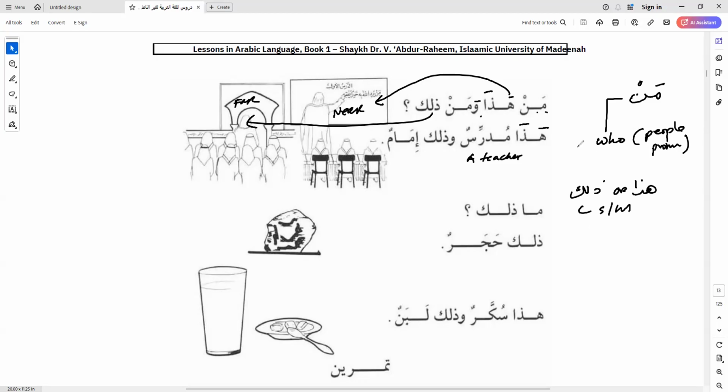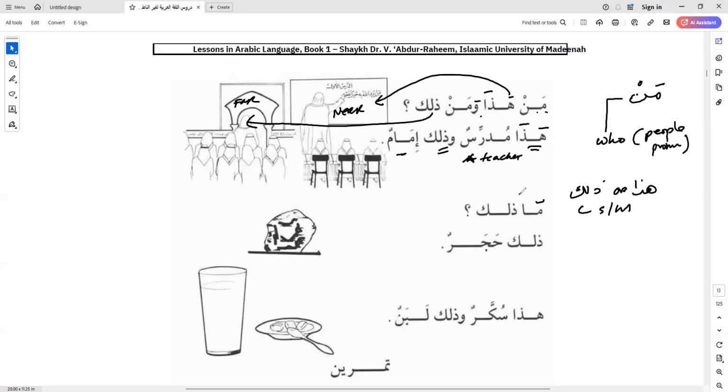Very, very important. So مدرس here, by implication, is a male, not female. Because of the هذا. وذلك إمام. Imam is also singular and a male.